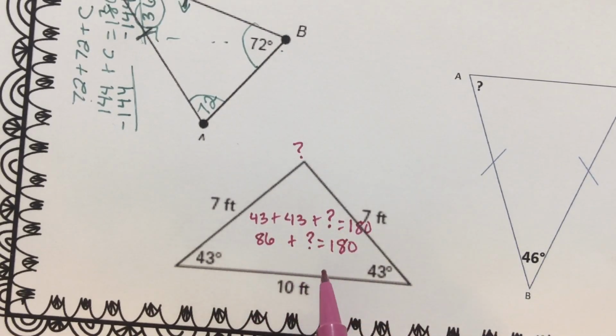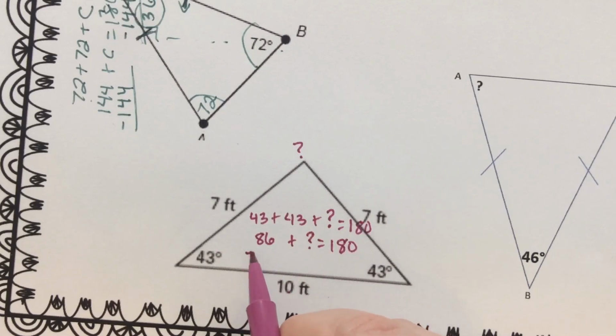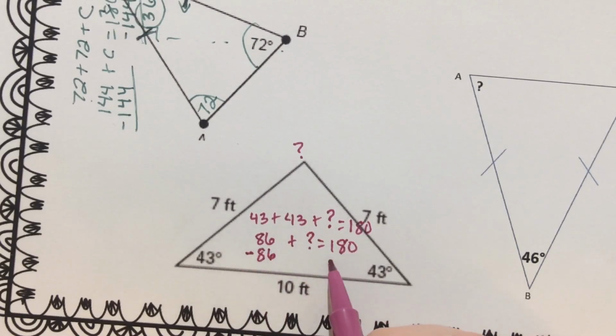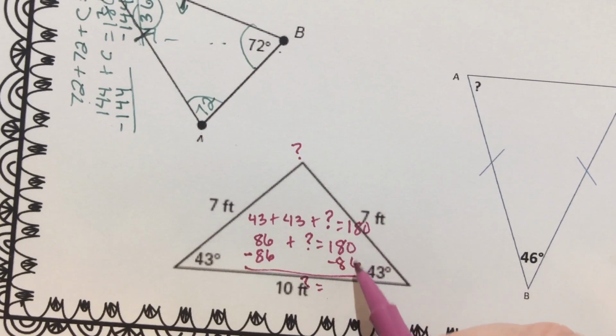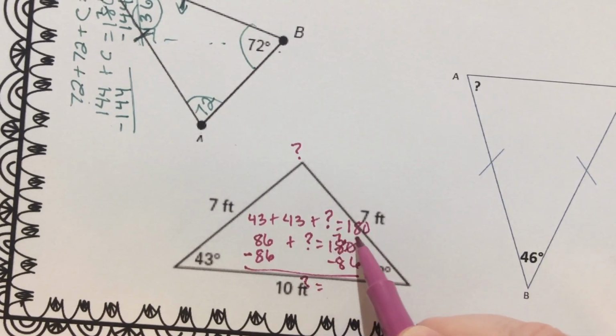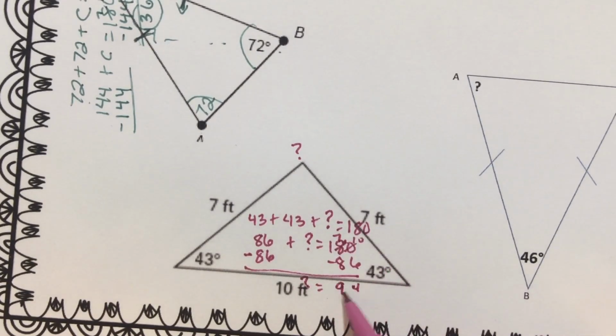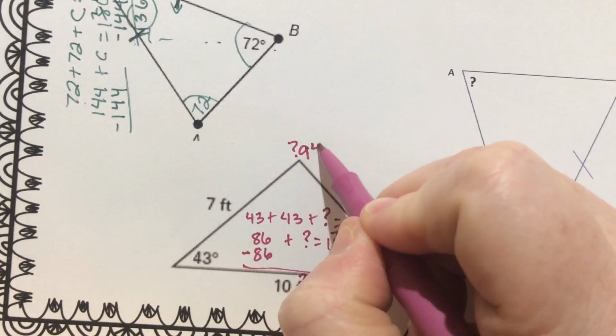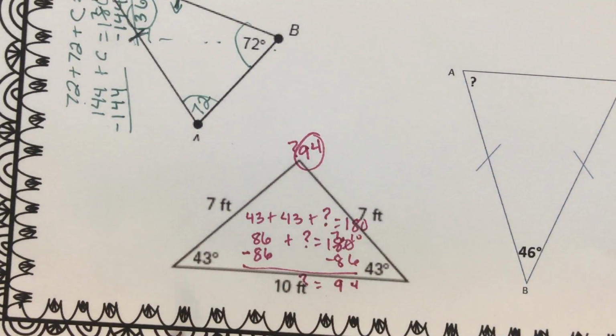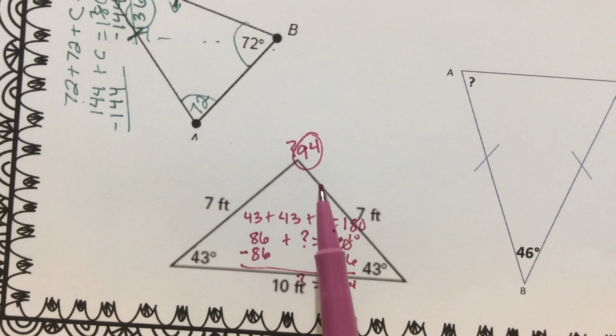Well, remember solving those equations, I isolate the variable, so the opposite of adding 86 is subtracting 86. Okay, I'm left with whatever that measure is equals 180 minus 86. 4 and a 9, 94. That means this is going to be an isosceles obtuse triangle. Means I have 2 congruent angles and 1 that is obtuse.